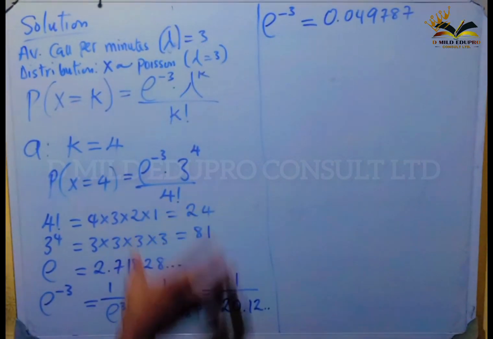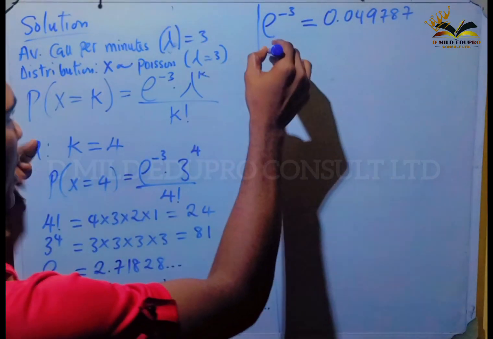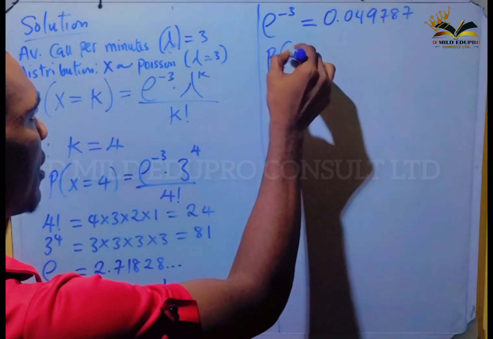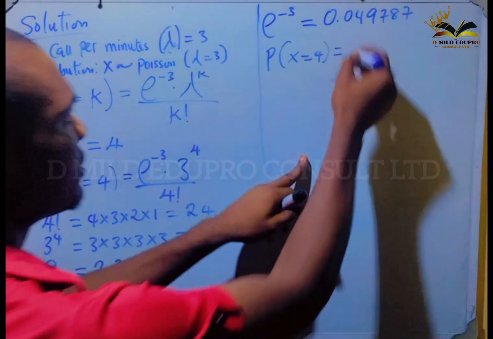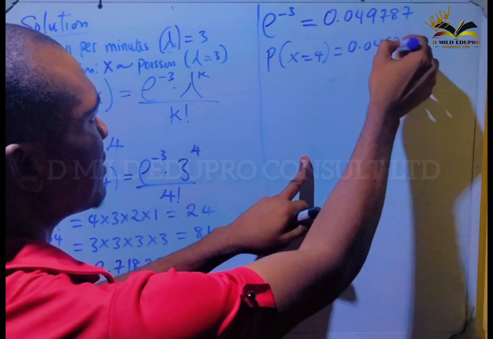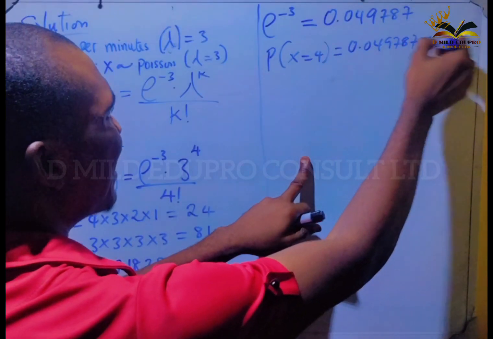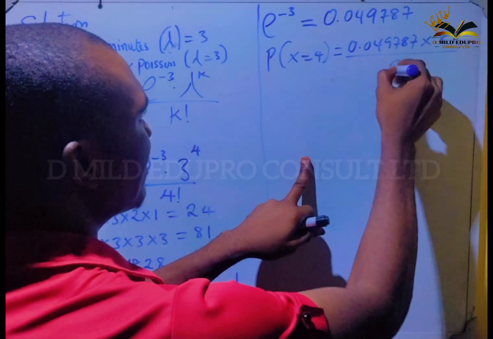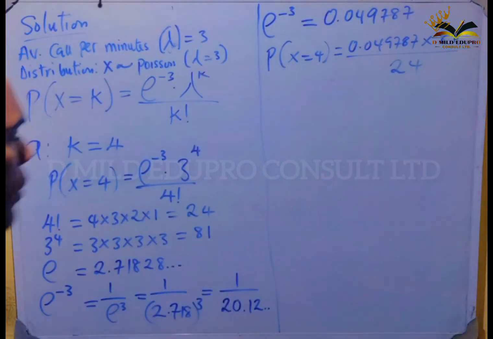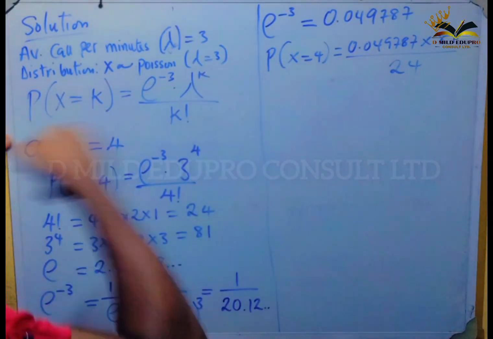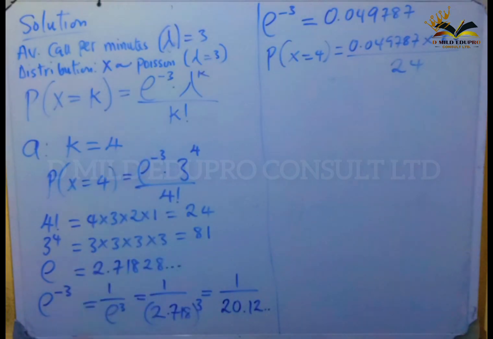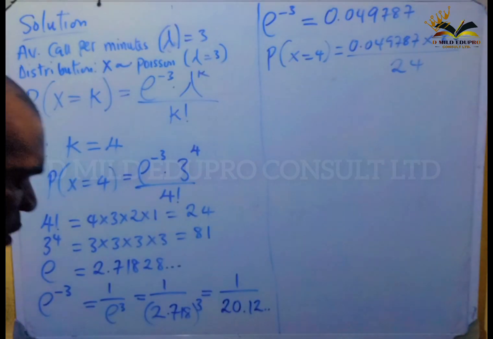We've gotten all the values. Let's input them. So P(X = 4) equals 0.049787 times 81 divided by 24. Remember, 4 factorial is 24, 3 raised to the power 4 is 81, and e raised to the power minus 3 is 0.049787.